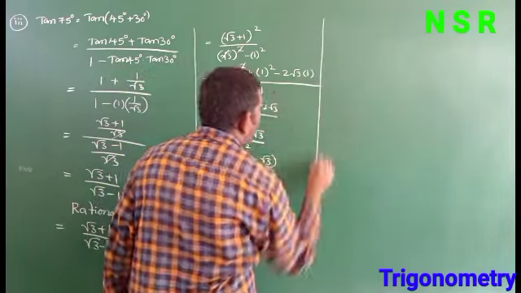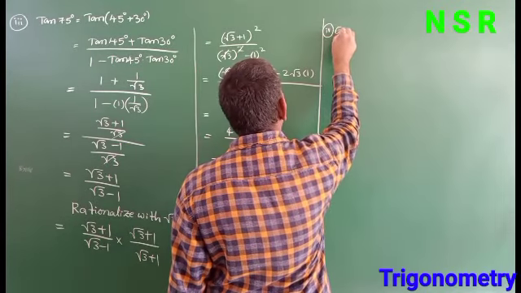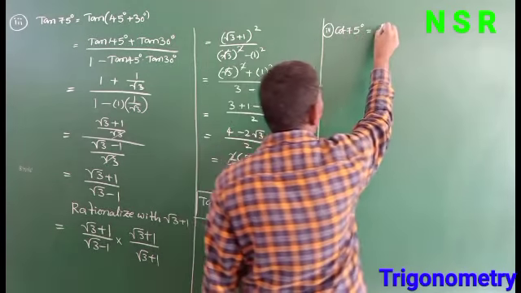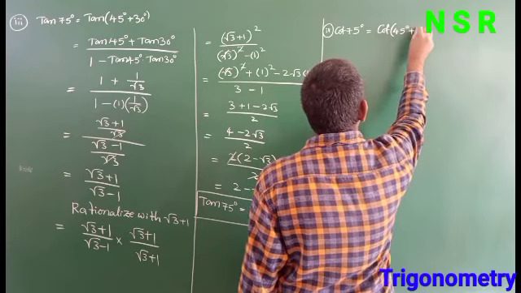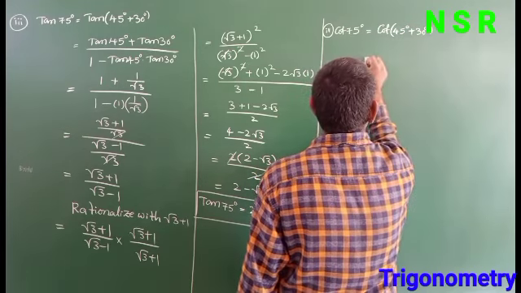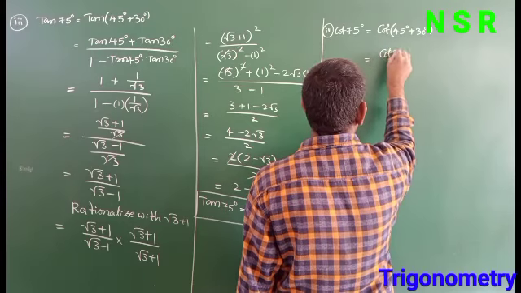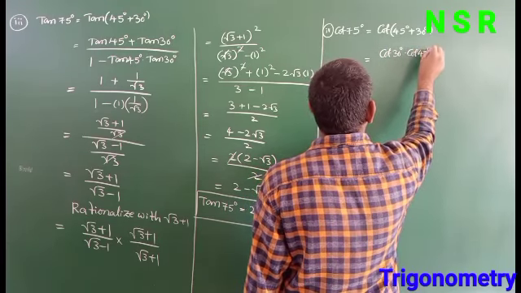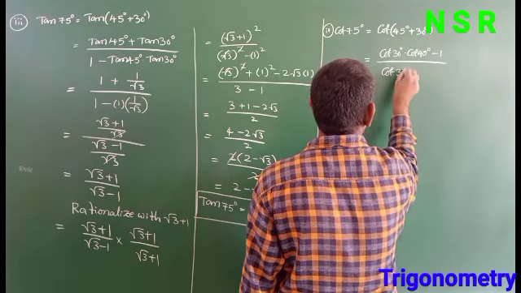So similarly you can find cot 75. We can write cot 75 as cot (45 plus 30). Apply here the cot (A plus B) formula: (cot B cot A minus 1) by (cot B plus cot A).